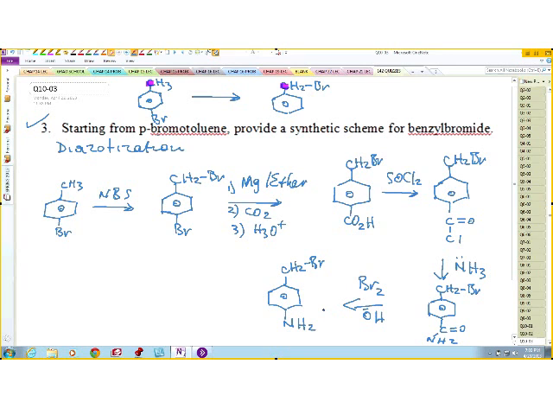Okay, now you form your amino group. Now at this point, what do you want to do? Diazonium ion. Okay. Now you form your diazonium ion with nitrous acid and sulfuric acid.